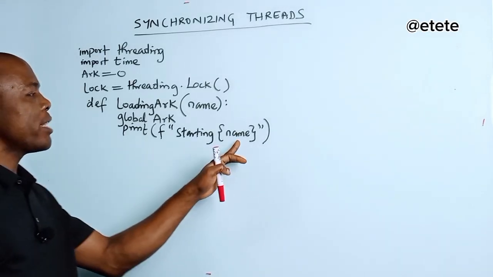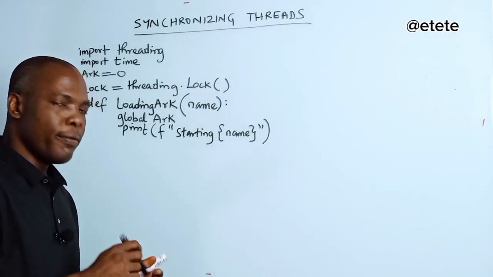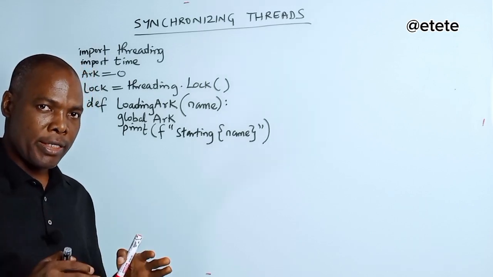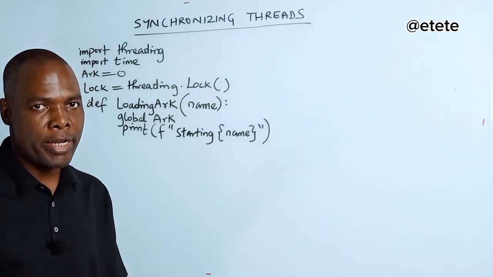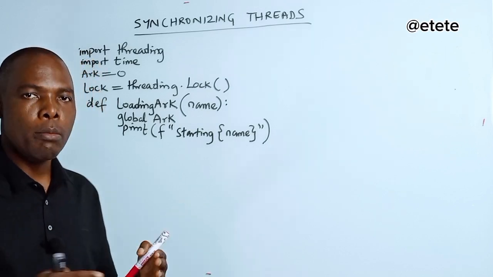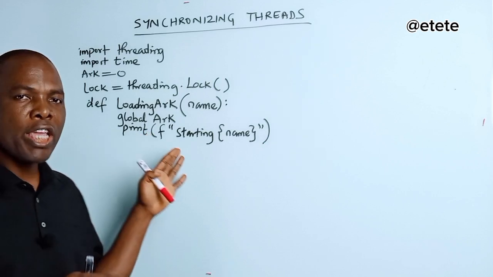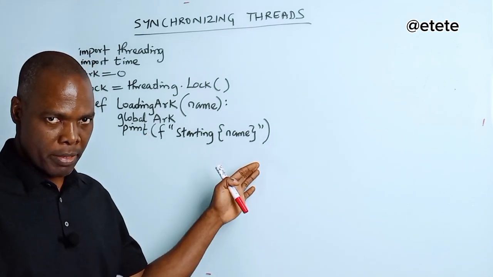So this line, what we are doing here is that if Noah is the main thread, he's going to give instruction to his two children. He has three children, but they are just going to use two. So we are going to use Shem and Ham in this place.